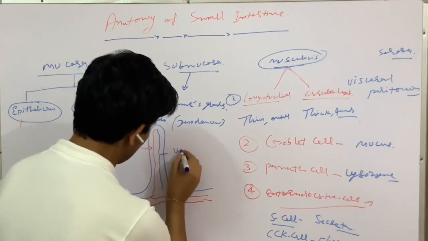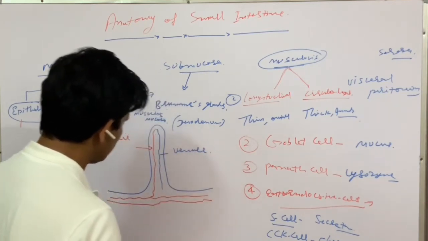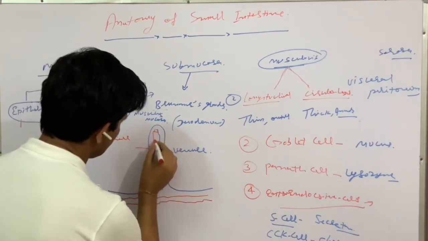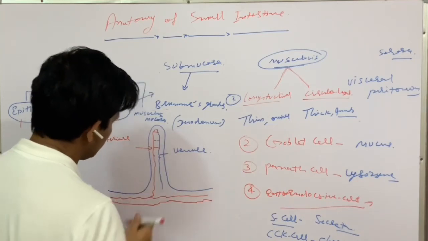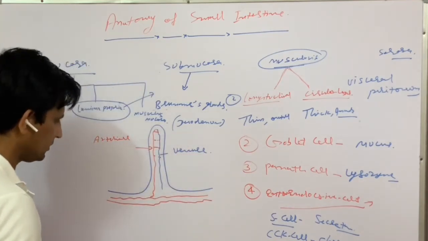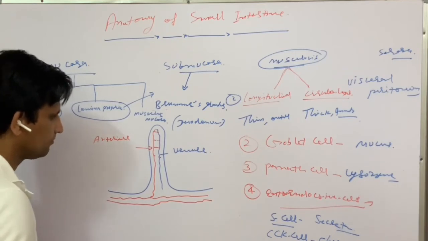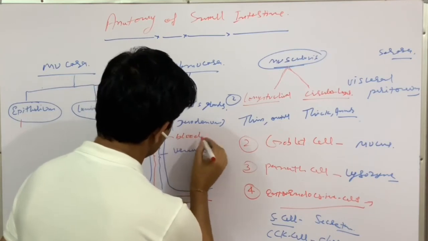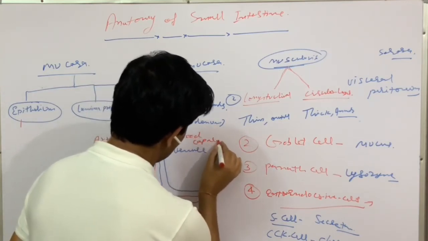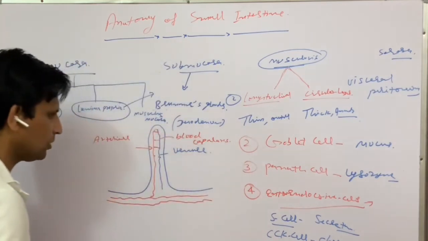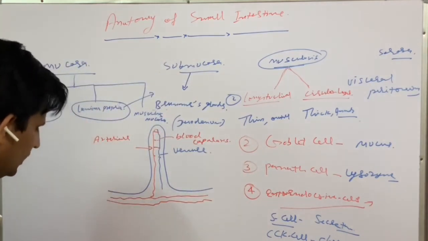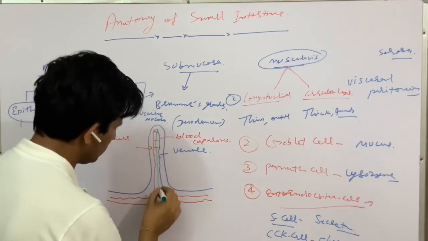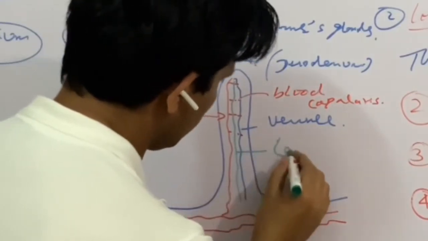This is venule, and capillaries between them. These are the blood capillaries. And one more important structure going through this, and this structure is lacteal.